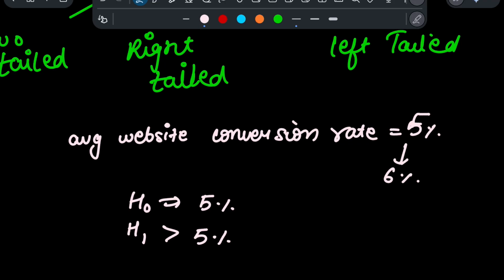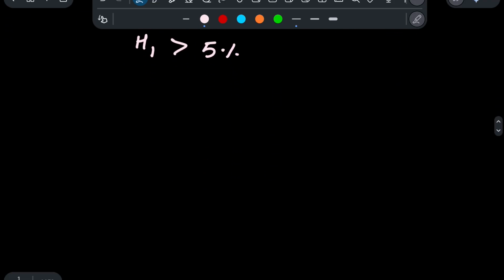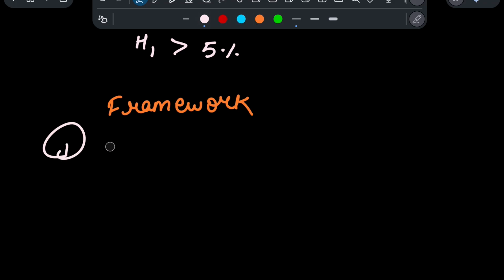So if I would say about the framework of hypothesis testing, it's basically divided into 5 steps, okay. In hypothesis testing, the first thing which we do is we state our null hypothesis and our alternative hypothesis, okay.